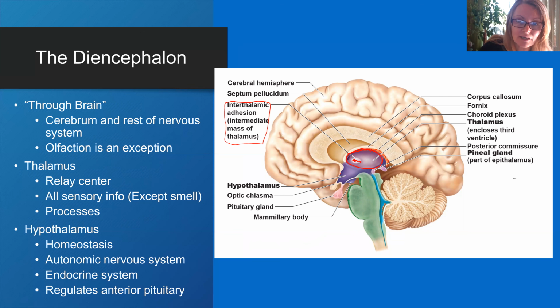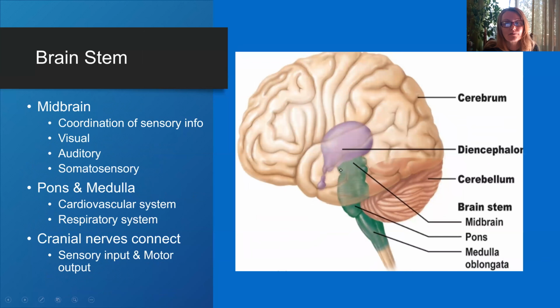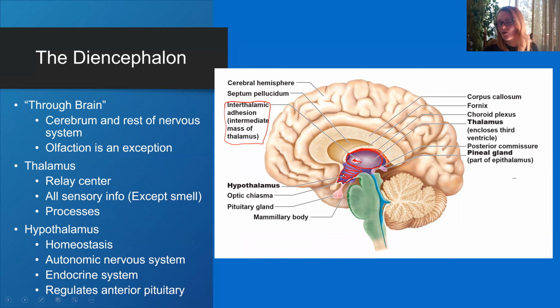Then we have this area here that is hypothalamus, and hypo means below, and it has a lot of functions. Some of them are homeostasis; it is a center for the autonomic nervous system and endocrine system. It regulates the pituitary gland.